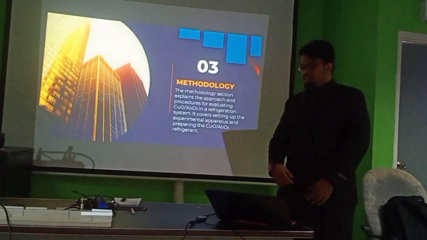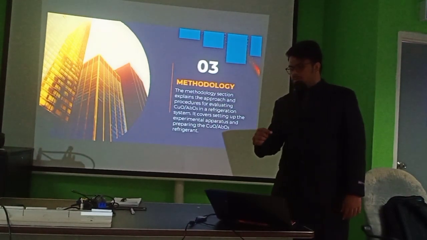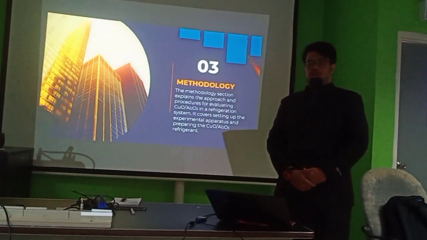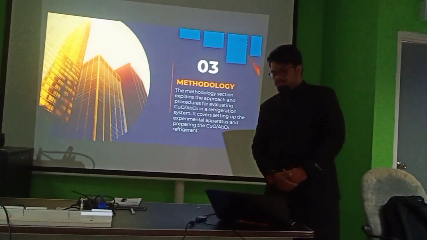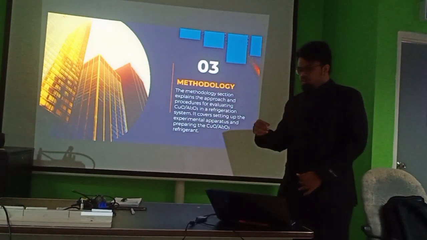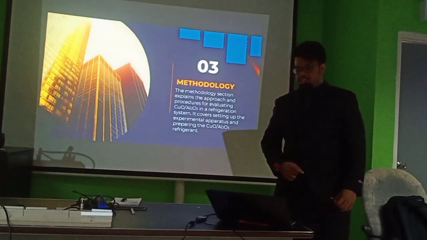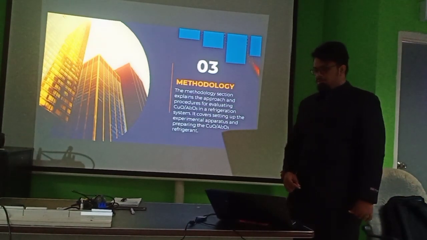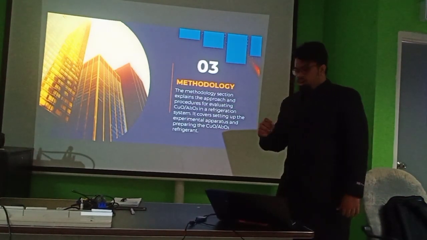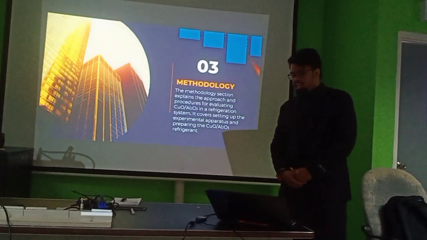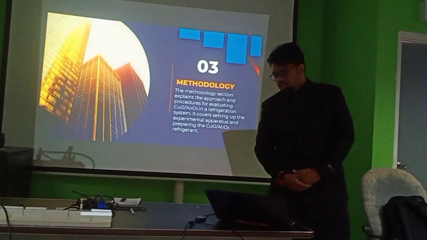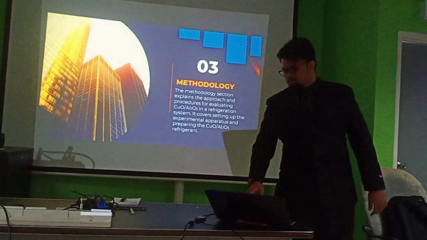It describes the steps taken to set up the experimental apparatus, prepare the copper oxide and aluminum oxide, and vary relevant variables such as refrigerant, concentration, pressure, and temperature. This section also highlights the measurement and data acquisition methods used to collect data on various performance parameters.